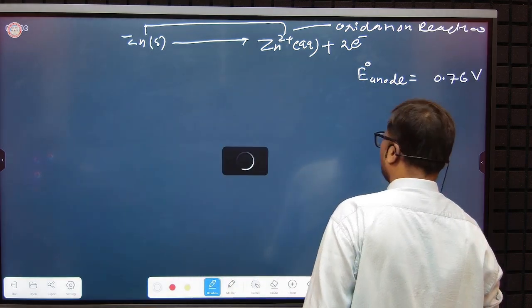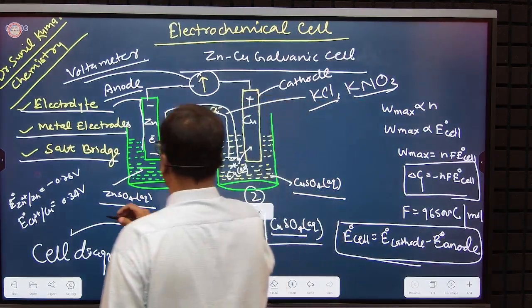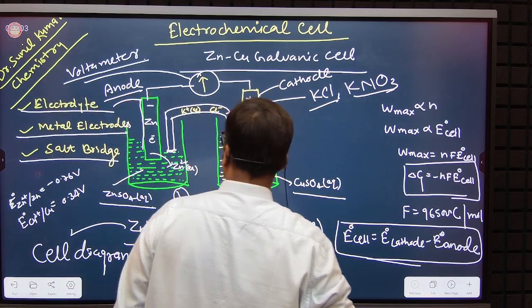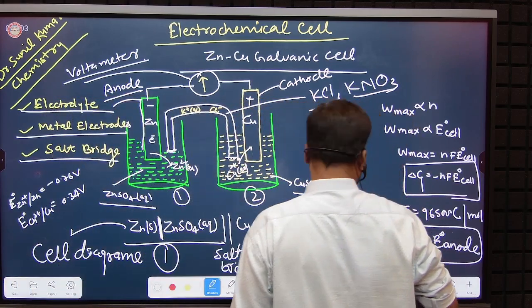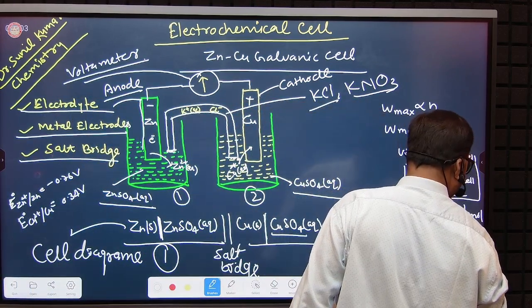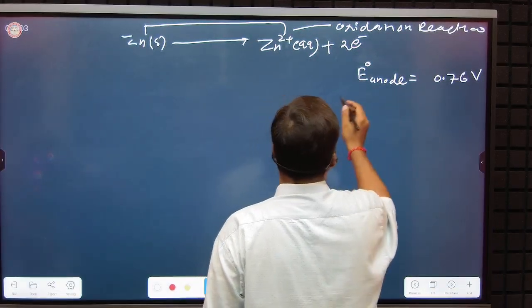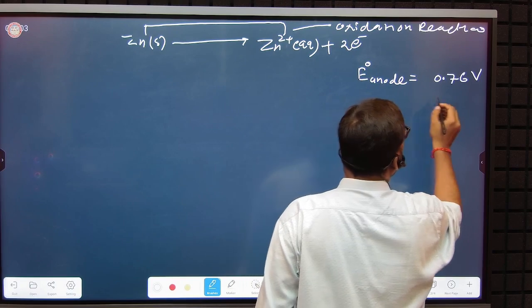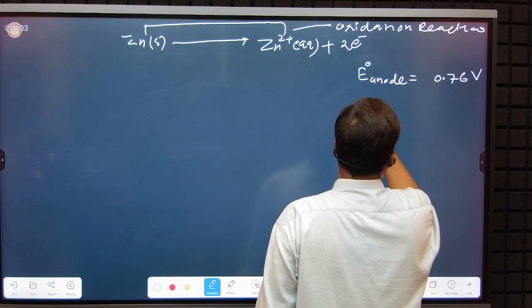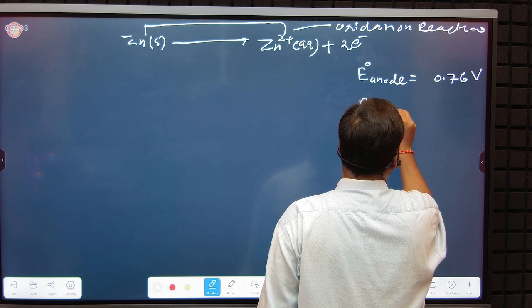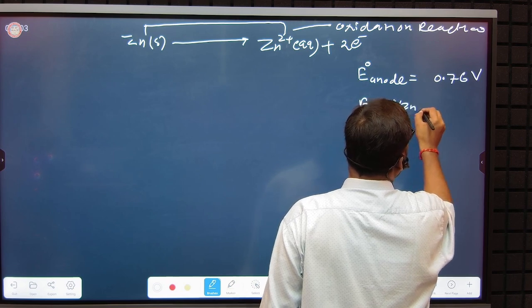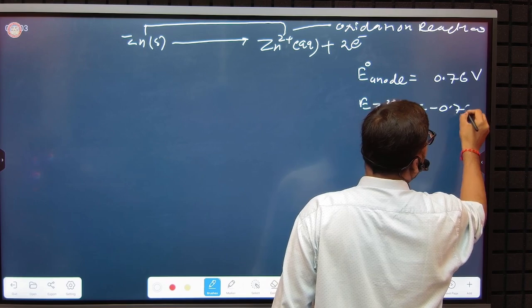So that is what we have shown here: Zn2+ and Zn, minus 0.76. Right?